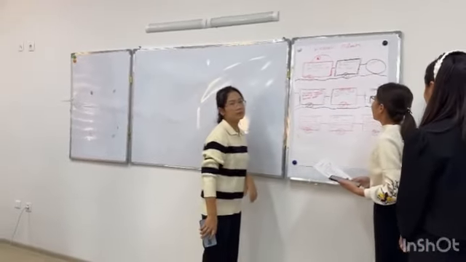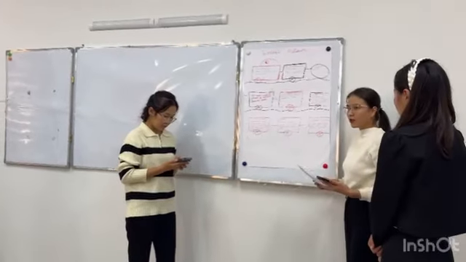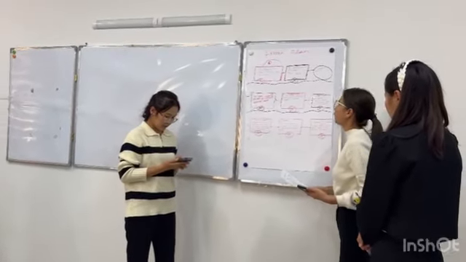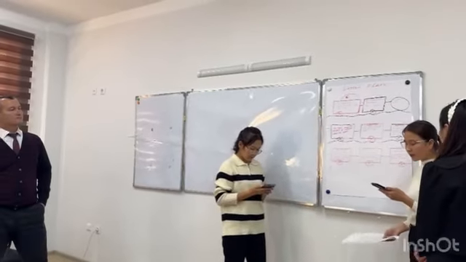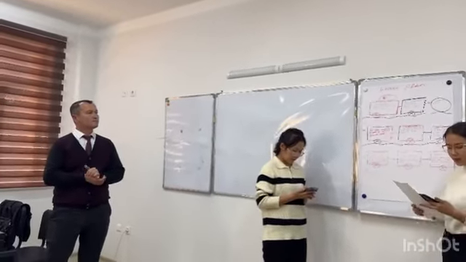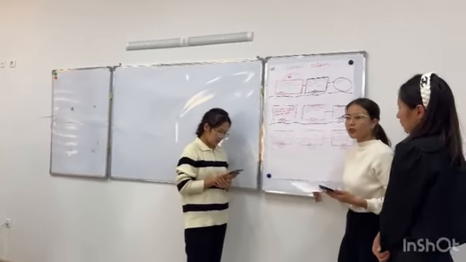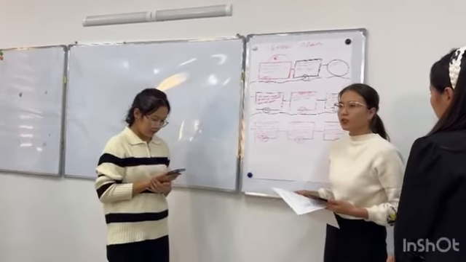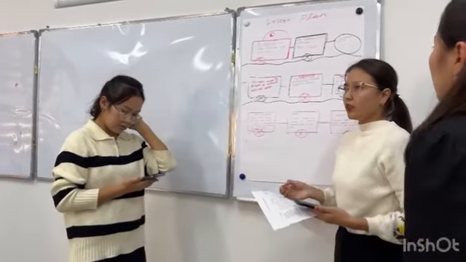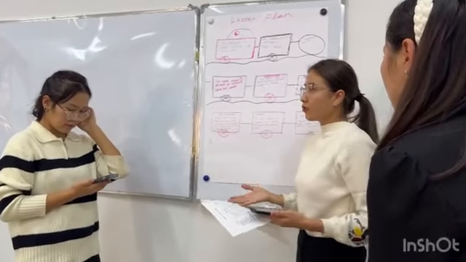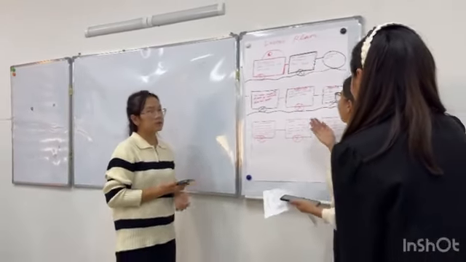So the next one, the engagement strategies. We also gave 4 points. It is very good, because the lesson plan includes brainstorming activities and also interactive activities. But some of them are not suitable for this lesson plan, so we gave 4.